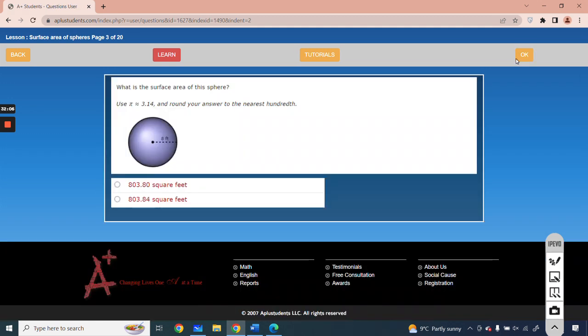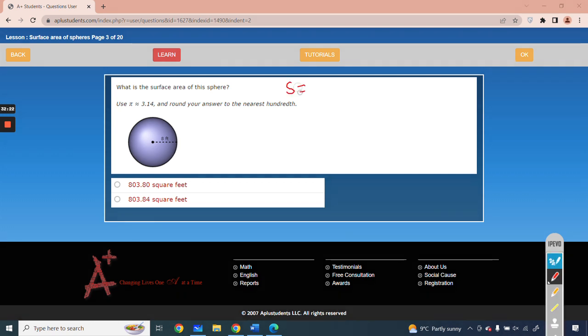Okay, the next one is, what is the surface area of the sphere? You have to use the formula that is S equals 4 pi r square, not r cube. Got it? So it would be 4, 3.14, r is 8, so it is 8 square.